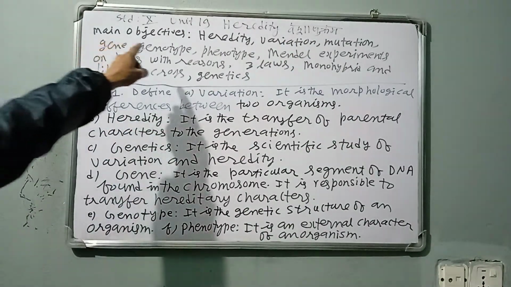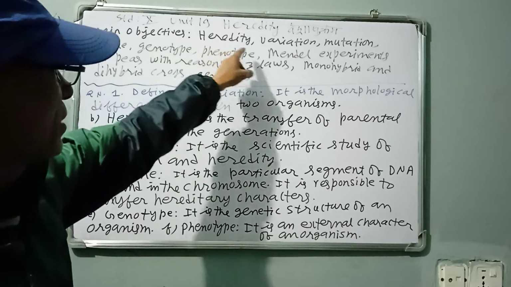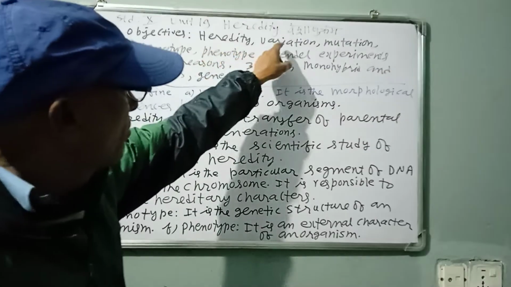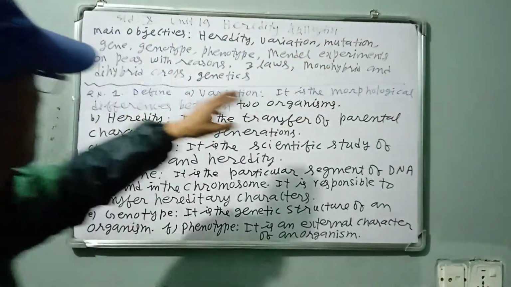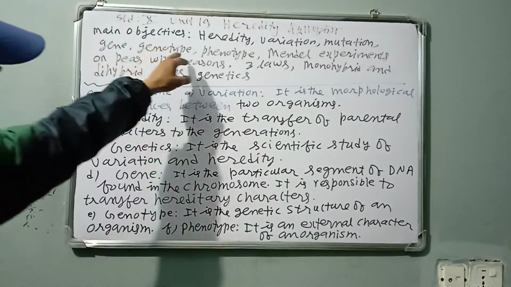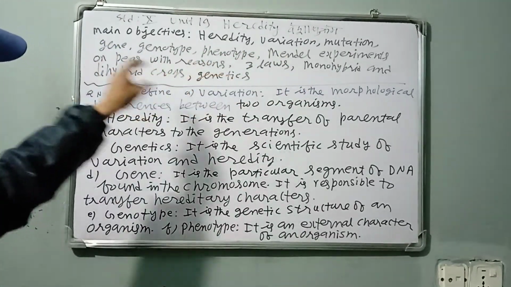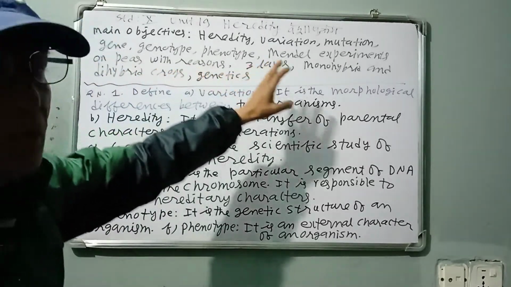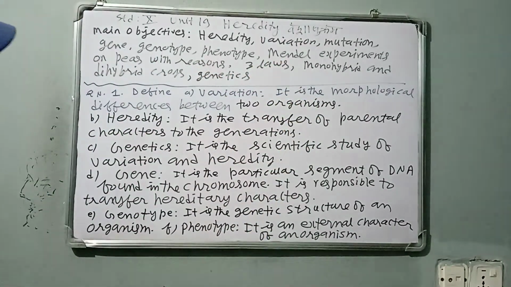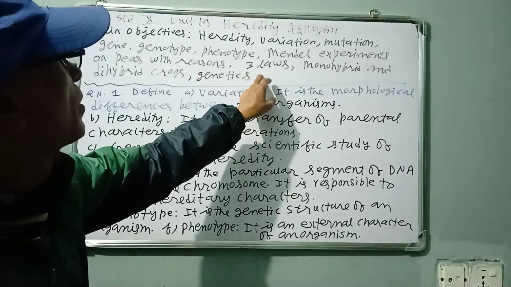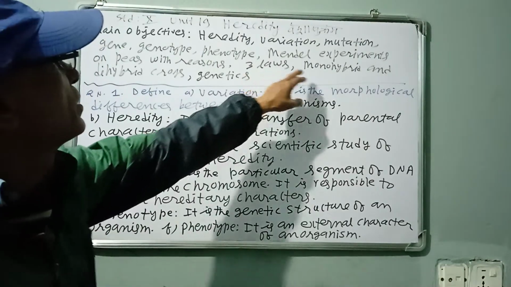The main objectives of this lesson are heredity, variation, mutation, gene, genotype, phenotype, and Mendel's experiment on peas with reasons. Three laws: law of dominance, law of segregation, and law of independent assortment.